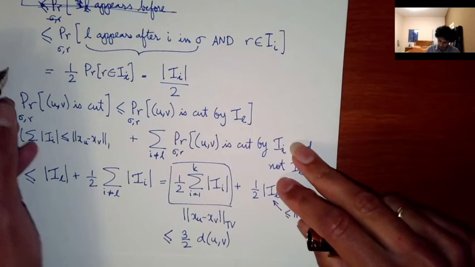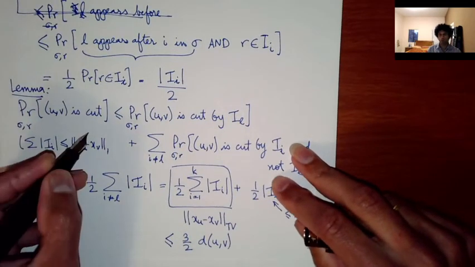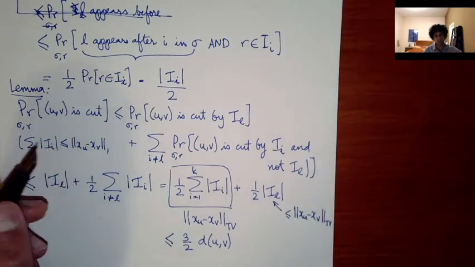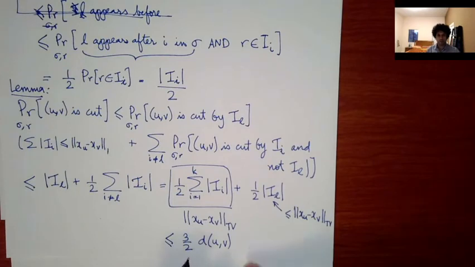And so this becomes our lemma right here: the probability over sigma and r, so there is this randomness amongst all the terminals, is at most 3/2 of the distance.